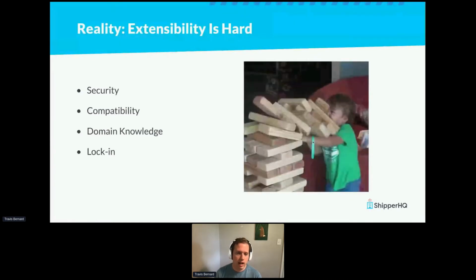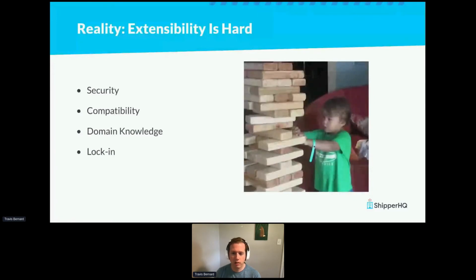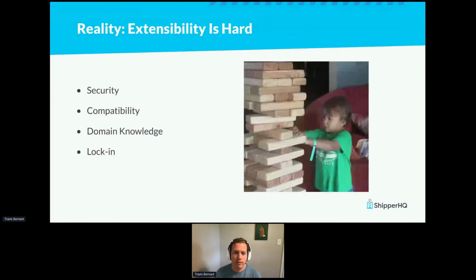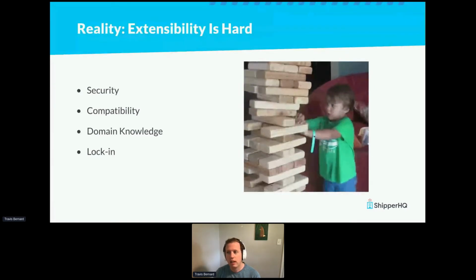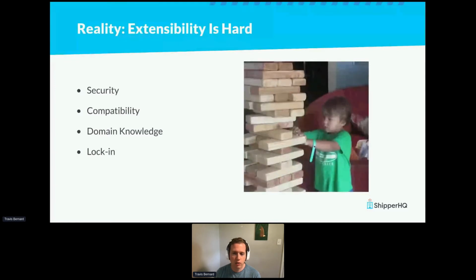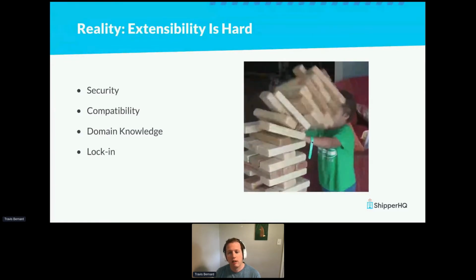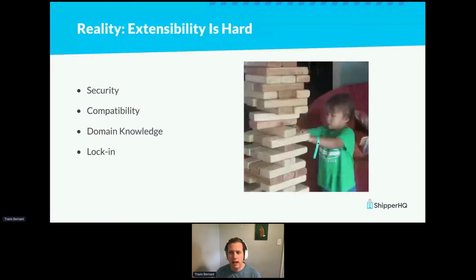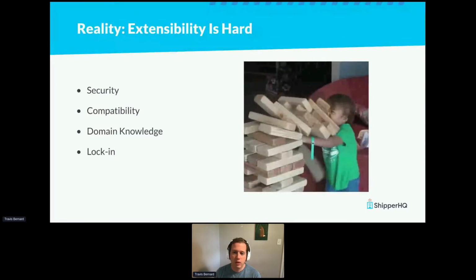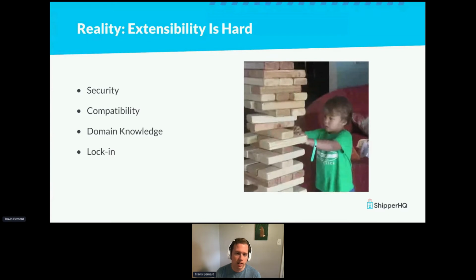But it could happen if there's not a watchguard in place, if you don't have some gates up. We also have to deal with compatibility. As Magento and as Adobe necessarily move the product forward, things are going to change. But that means that things that we relied on when we built our system may no longer be the way that we liked them.